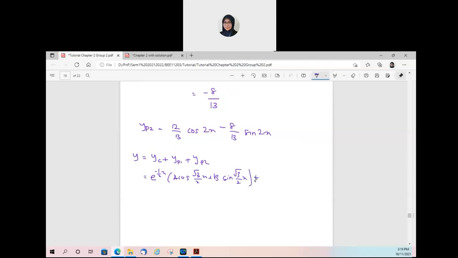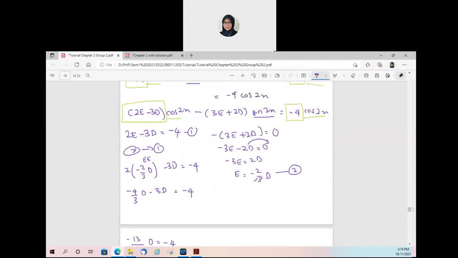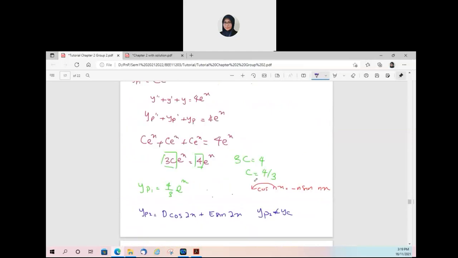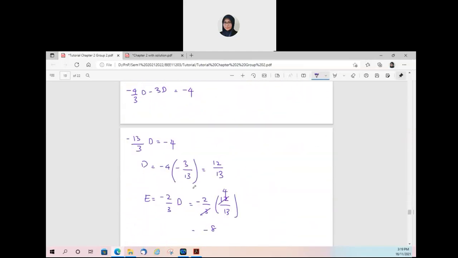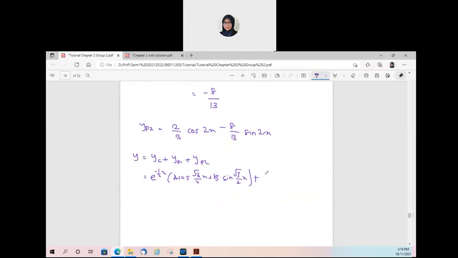Plus with YP1. YP1 is this one, 4 over 3 exponent x. Plus with YP2. So this is our YP2, therefore plus 12 over 13 cos 2x minus 8 over 13 sin 2x. Finish.